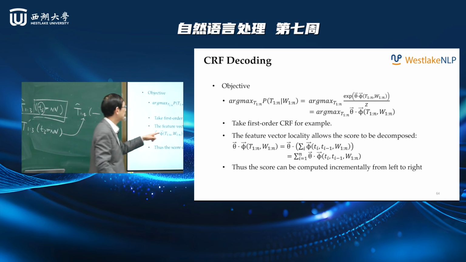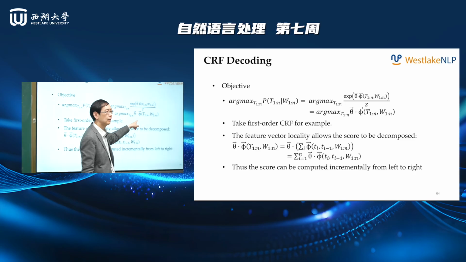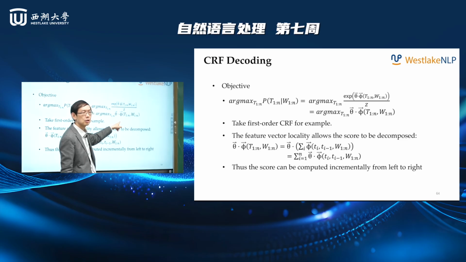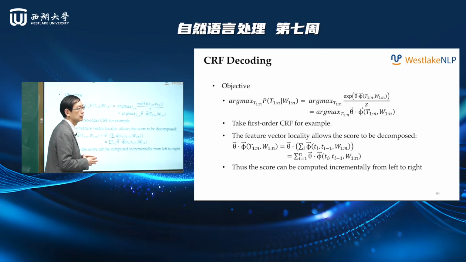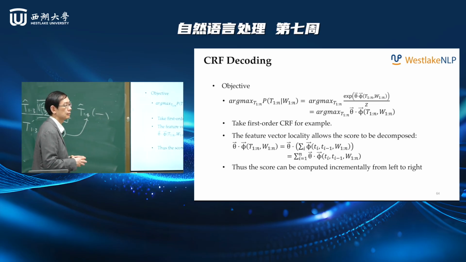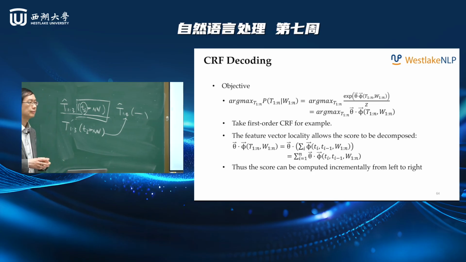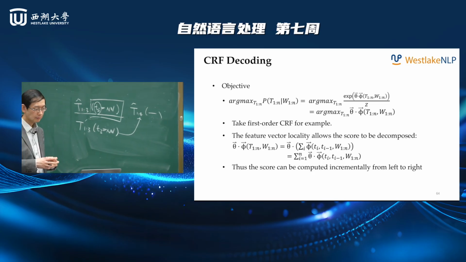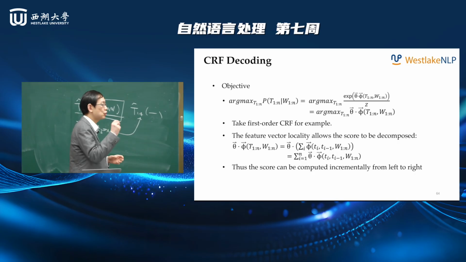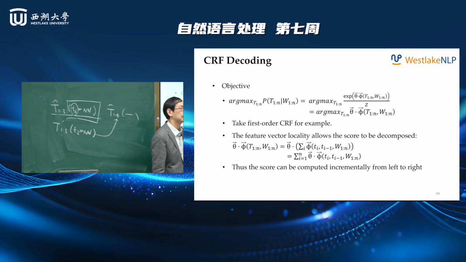So can we break theta dot phi into small factors so that we can use a dynamic program? Can we? The trick is at phi, right?